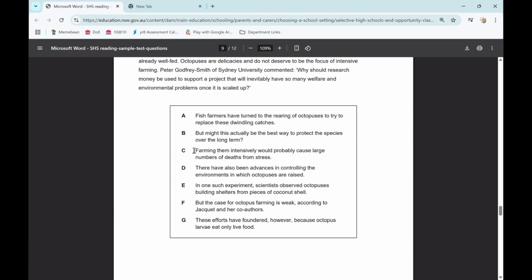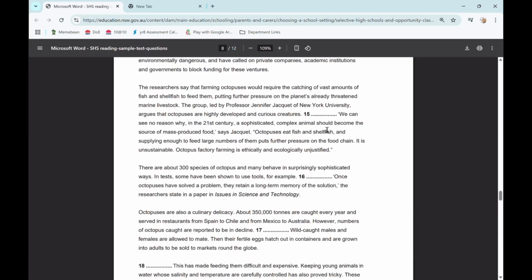And then C, farming them intensively would probably cause large numbers of deaths from stress. We can see no reason why, in the 21st century, a sophisticated, complex animal should be the source of mass-produced food. So it flows very well, with 15 giving a reason why being a developed, curious and smart creature can be impactful when choosing what animal to farm. So C fits well in 15.